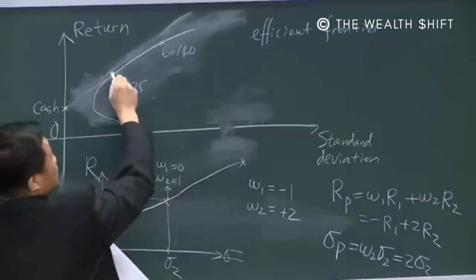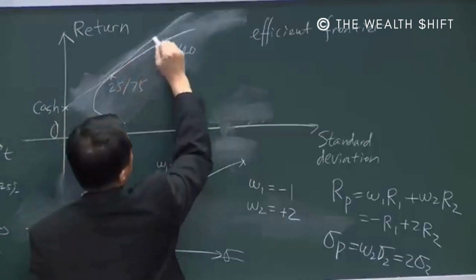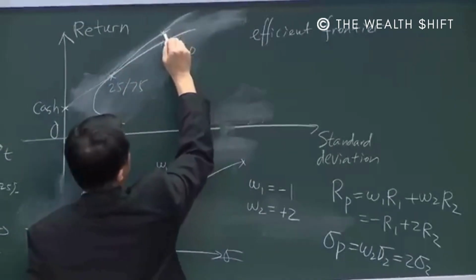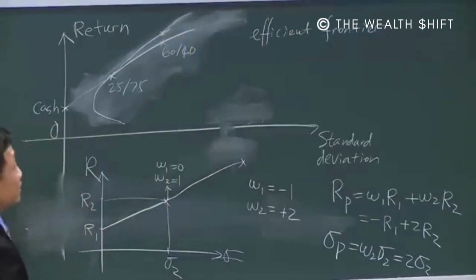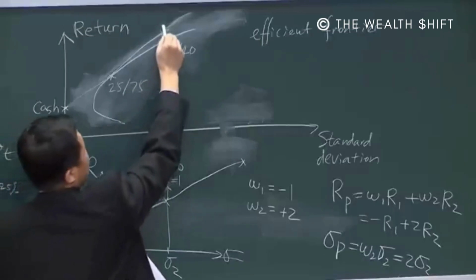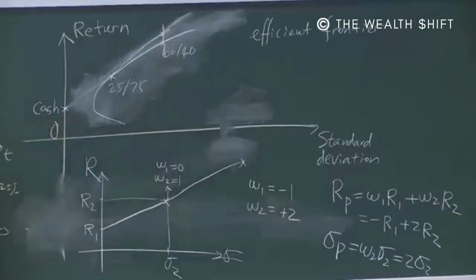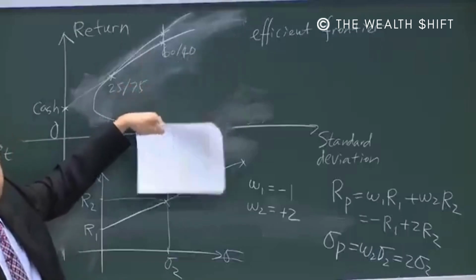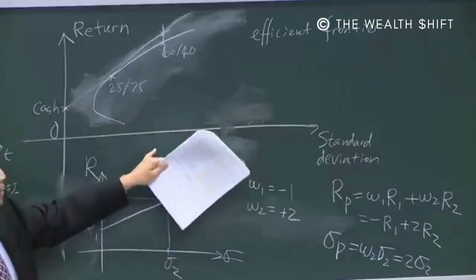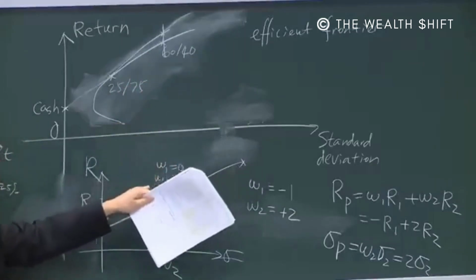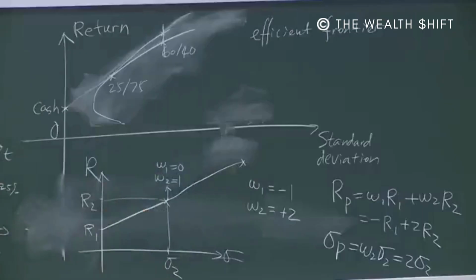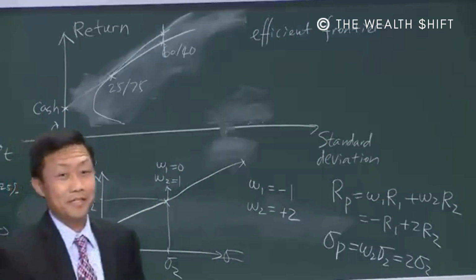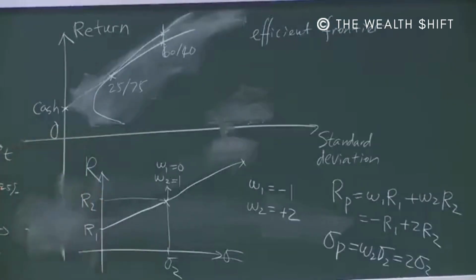So you have lower return, but if you leverage it up, you actually have higher expected return, given the same amount of standard deviation you achieve by leveraging up. Obviously, when you leverage up, there are other implications. We haven't talked about the liquidity risk, but that's a different topic.